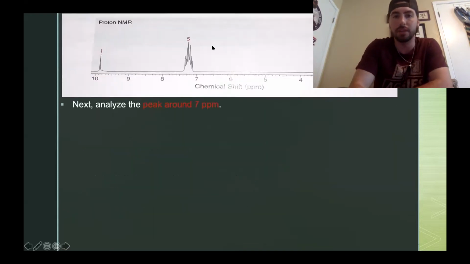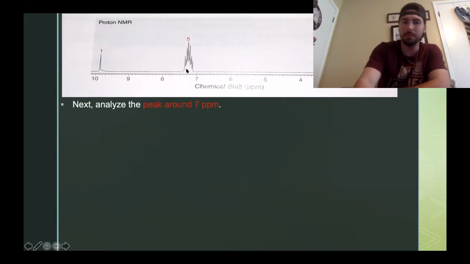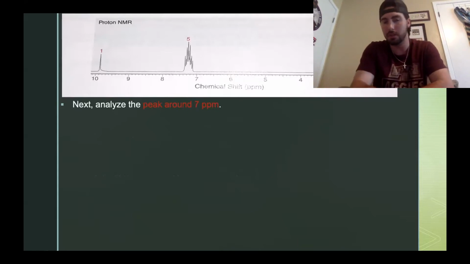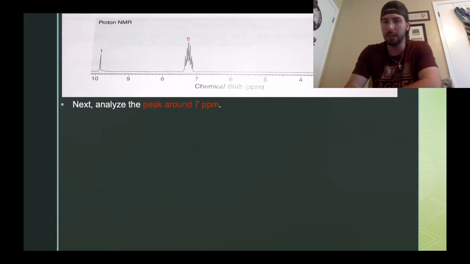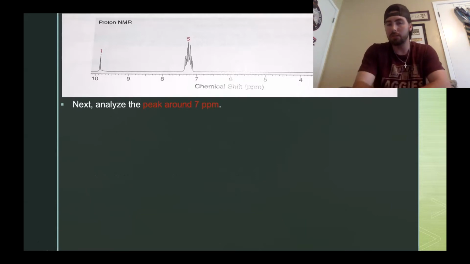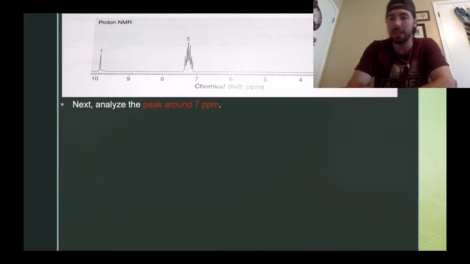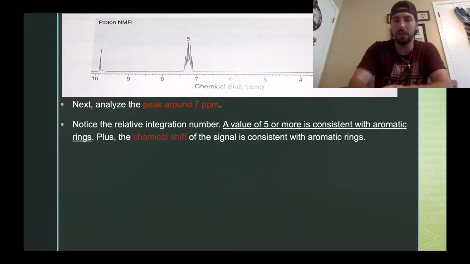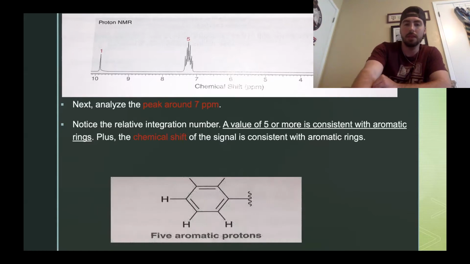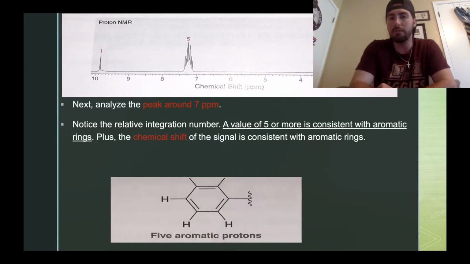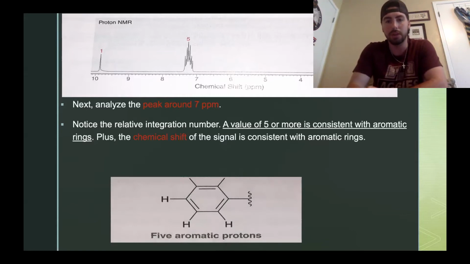And next we're going to analyze this peak right here. Notice that the peak is around 7 ppm. And like she said before, peaks around there are consistent with aromatic rings. Since the HDI was above 4, we can say that this is consistent with an aromatic ring. And due to the fact that there's 5 of these protons, we can say that it's monosubstituted.